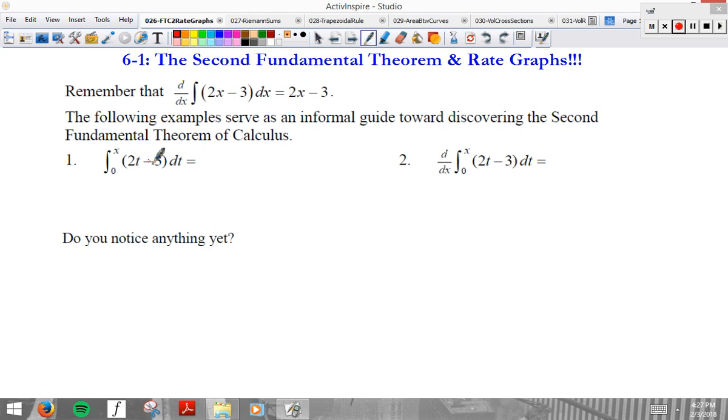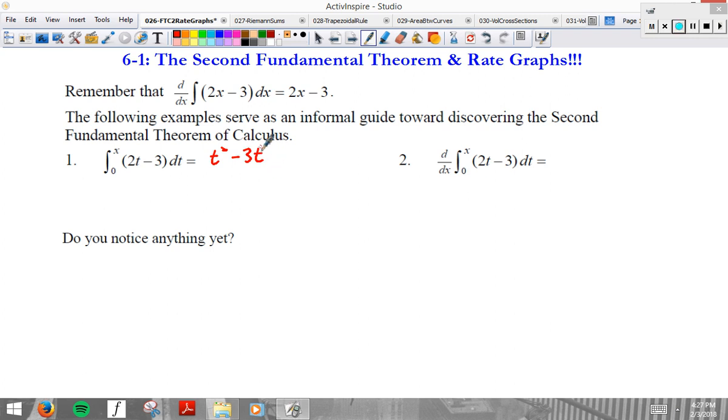So, straightforward integration, 2t, integrating with respect to t will leave us with t squared, add 1 to the power, divide by the new power, minus 3t.